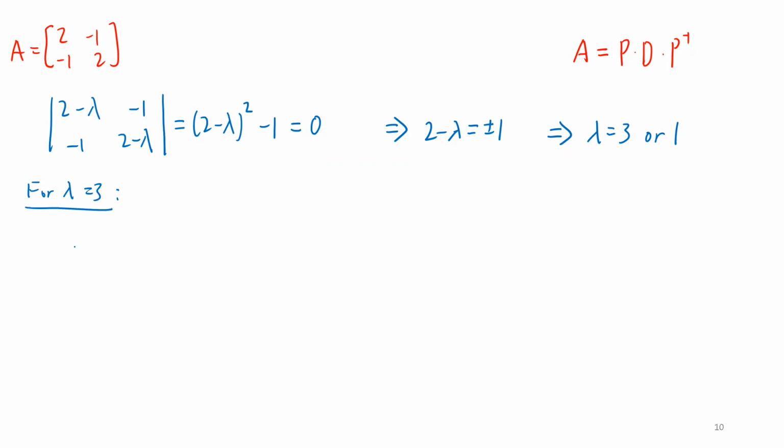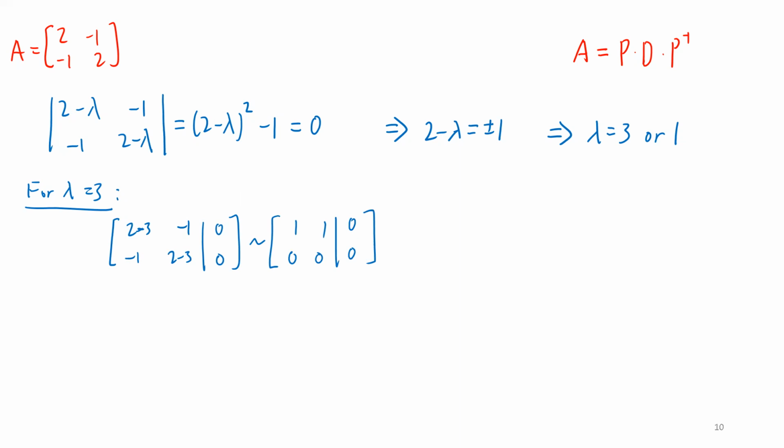So what do I do? I consider this matrix: 2 minus 3, minus 1, minus 1, 2 minus 3. This is the system I have, and after Gaussian elimination you get 1, 1, 0, 0, 0.